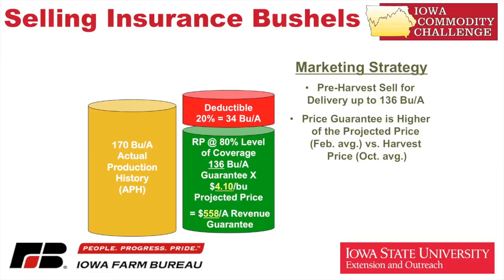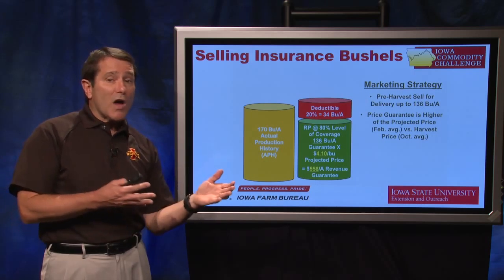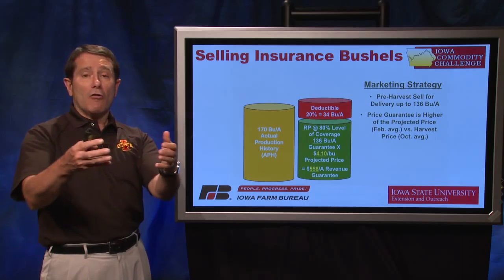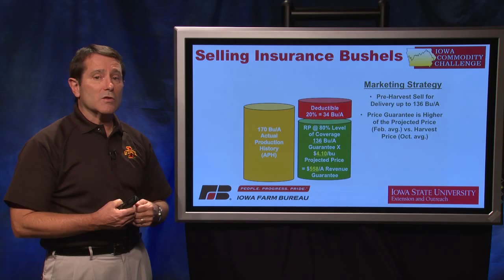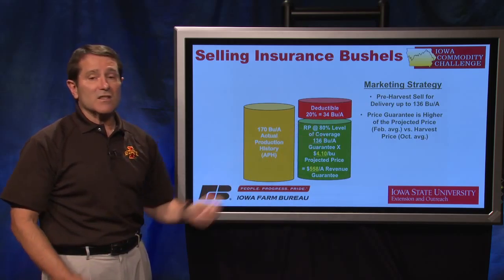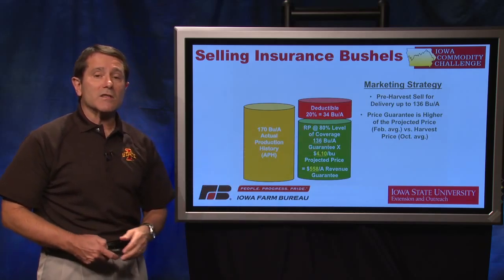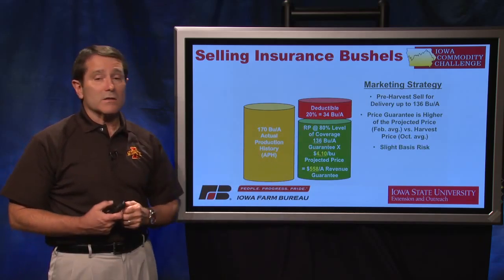The February average is called the projected price, and the October average is called the harvest price. Each year you get the higher of the two. So if futures prices rally and you've forward sold bushels, you still are guaranteed at least the projected price, and if the harvest price is higher, you get a new revenue guarantee.